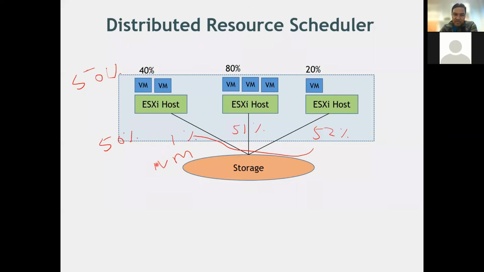Now, one VM's load may be 3% or 2%. Then what will happen? This will become 52% and this will become 50%. And in that case, again, it is going to start balancing.